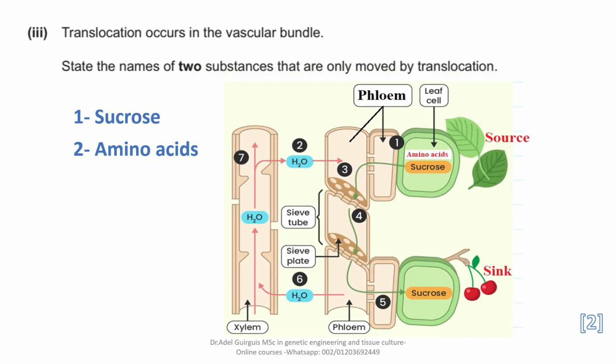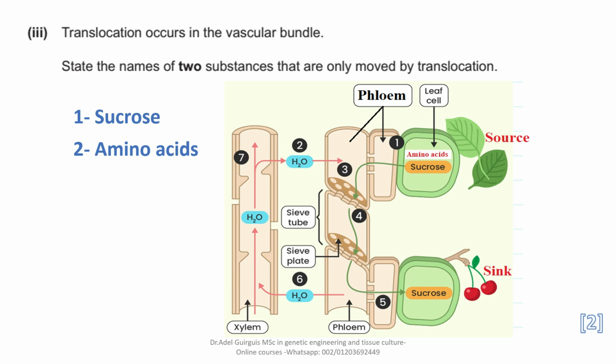Here in this figure, the source, the photosynthesizing green leaves, make glucose in photosynthesis, converted into sucrose to be transported, plus it forms also amino acids as raw material for protein, and sucrose for carbohydrate.